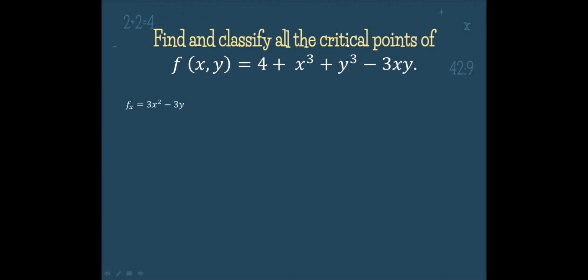And the first order partial derivative of function f with respect to y is 3y squared minus 3x. Now for the first order partial derivative of f with respect to y, we consider that x will be considered as a constant.